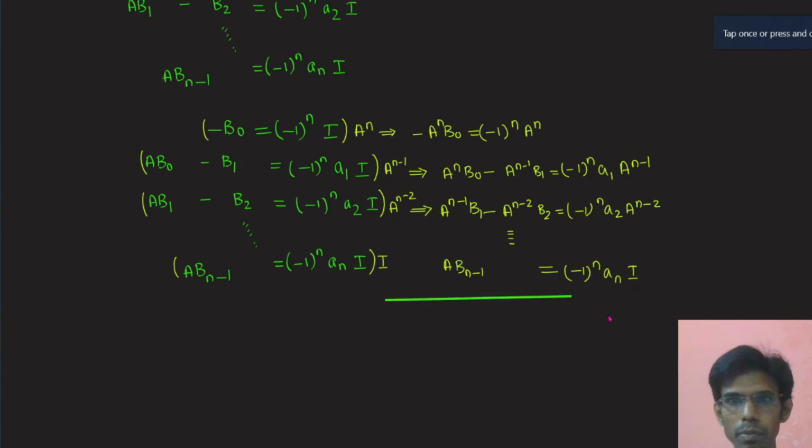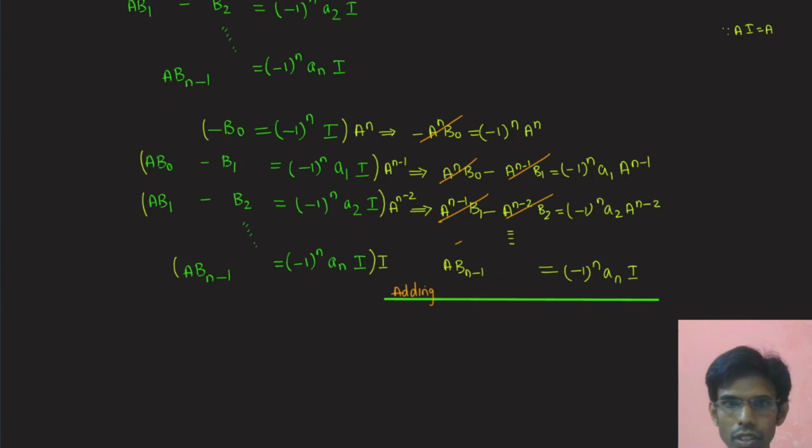Now add all the terms this side. Adding all the terms, we see that this term will get cancelled with this term. This term will cancel with this term. This term will cancel with this. At last all the terms will get cancelled.